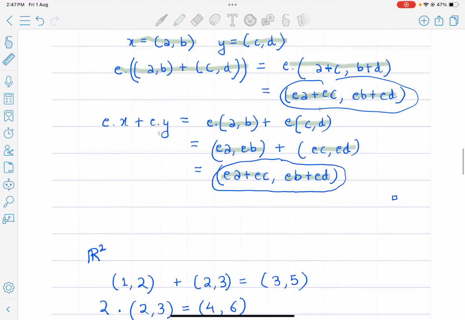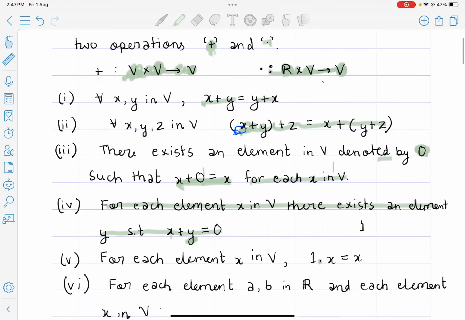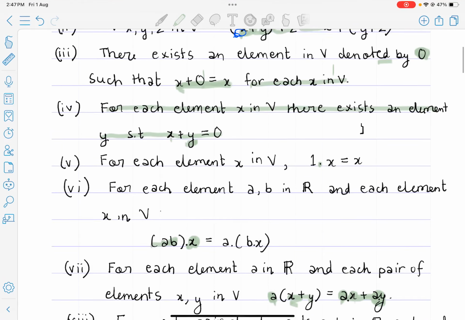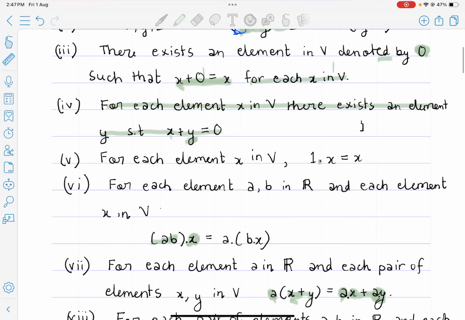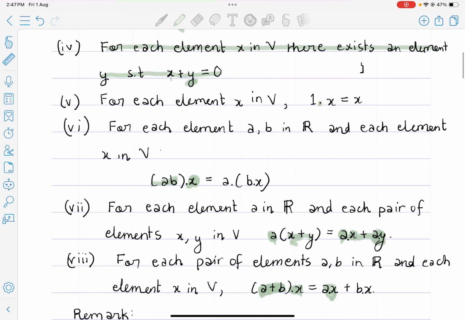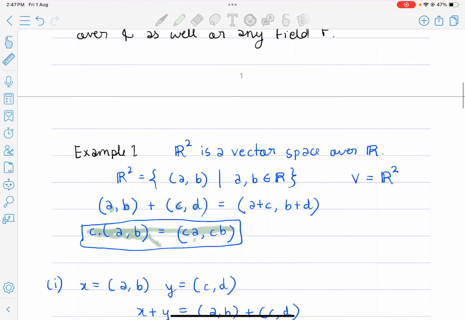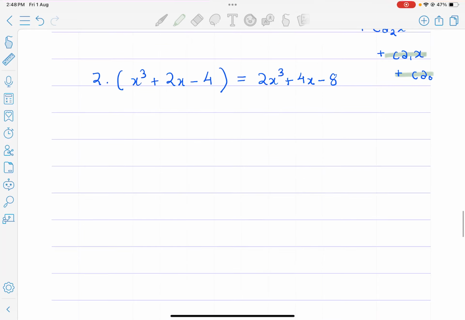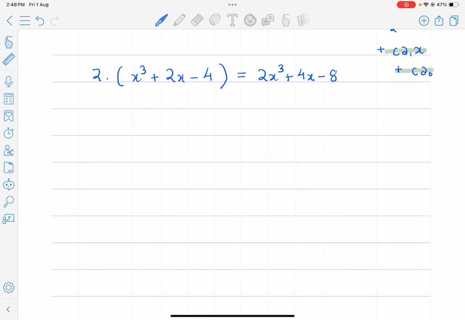Now you verify these 8 axioms, 1, 2, 3, 4, 5, 6, 7, 8, and you will see that they are true. So this polynomial over R is a vector space, and we denote it by P_n(R), where n is the degree.